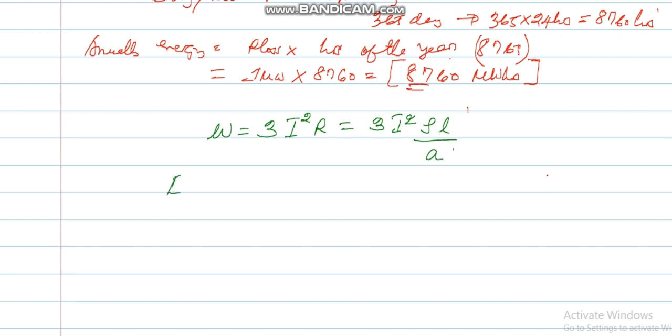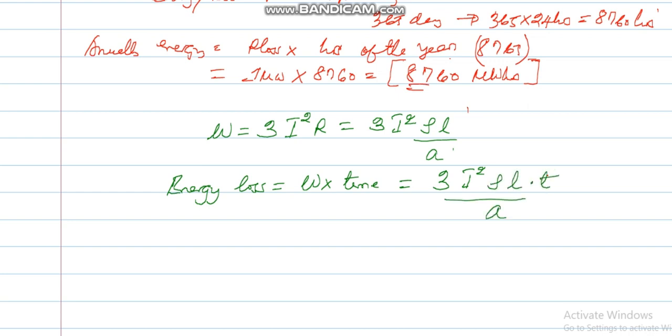Kupata energy loss, sasa uchukue power loss times time. Sawa? Ambapo sasa tunachukua 3 times I squared times resistivity rho times length over area times time. Okay? Times time.